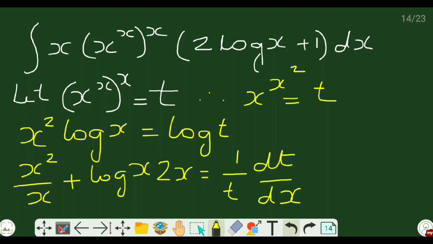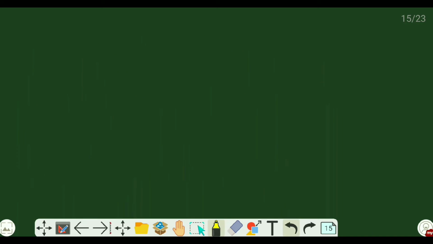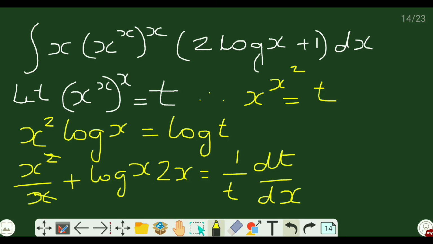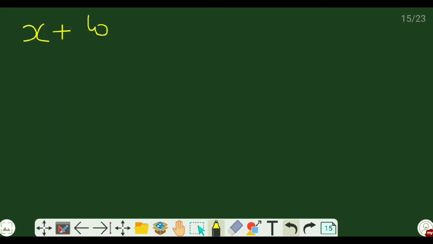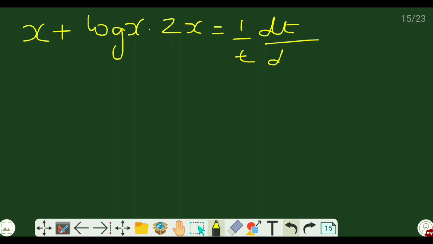Now we can just cancel out these two x terms, and our next step becomes x plus log x into 2x, which is equal to 1 upon t dt by dx. Now upon writing this, we take the x term common.